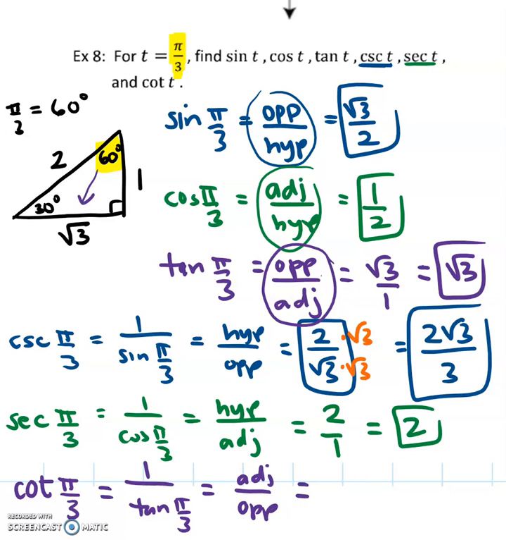The opposite is square root of 3, and the adjacent is 1. So that could be a potential answer, 1 over square root of 3. But anytime we have radicals in the denominator, sometimes they want you to rationalize. So we'll do the same thing, multiplying by square root of 3 over square root of 3, and we'll get another version of the answer, square root of 3 over 3.